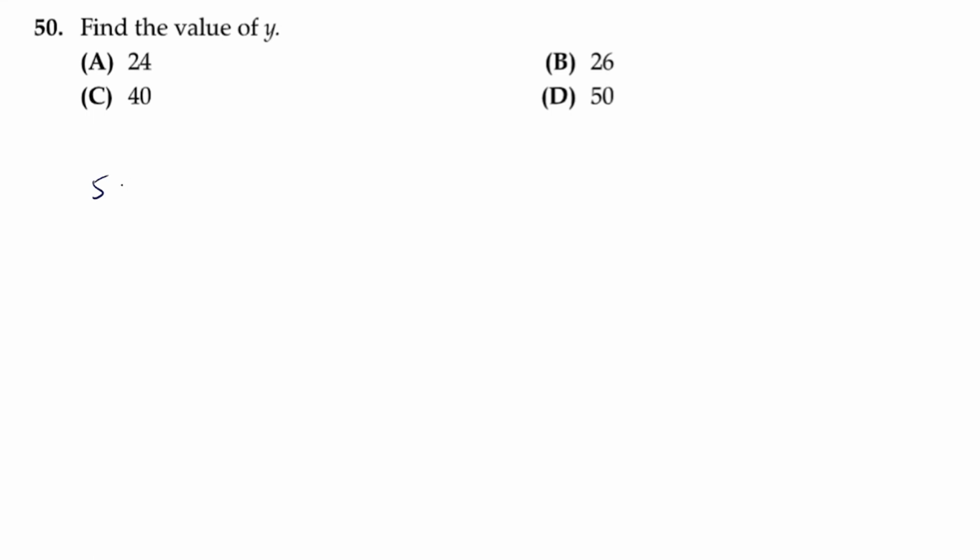We just now saw y is equal to 50 minus x. So y is equal to 50 minus 24. So it is equal to 26. So the value of y is 26. Correct option is option B.